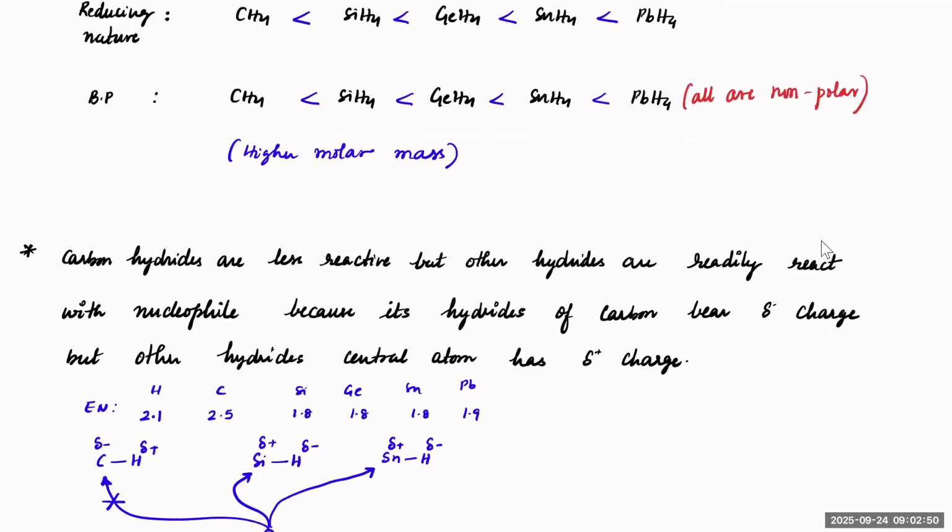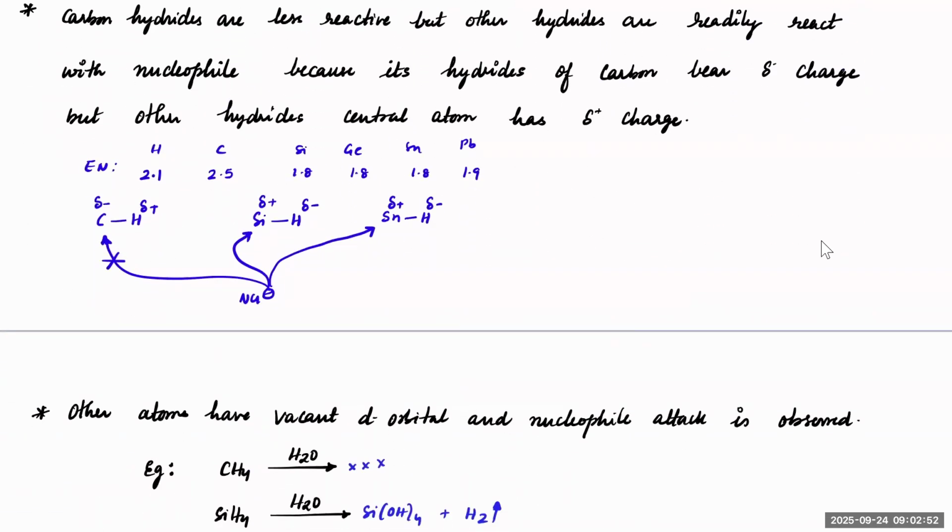Next, carbon hydrides are less reactive, but other hydrides are readily reactive with nucleophiles because the hydrides of carbon bear delta negative charge on carbon, but others possess delta positive charge.